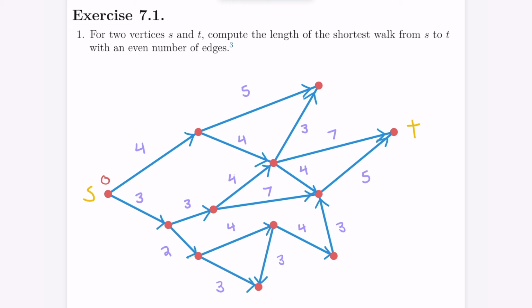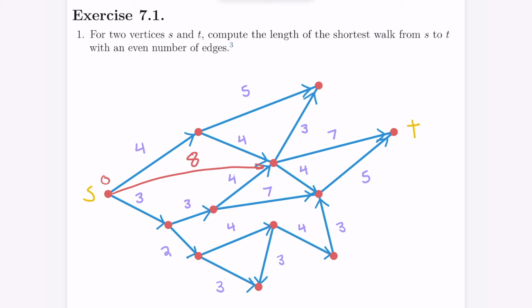So the suggestion was, can I add all pairs of edges? Can I make an auxiliary graph that has all two steps at a time as one edge? So I'll draw some of these. This edge here will be 8.